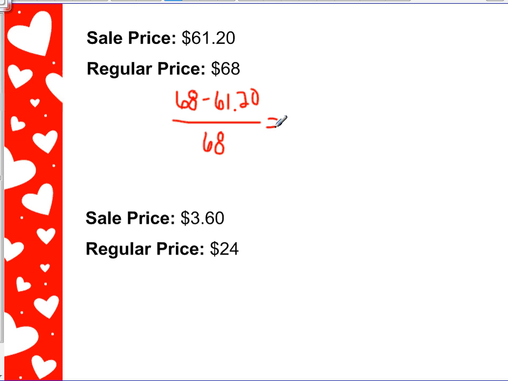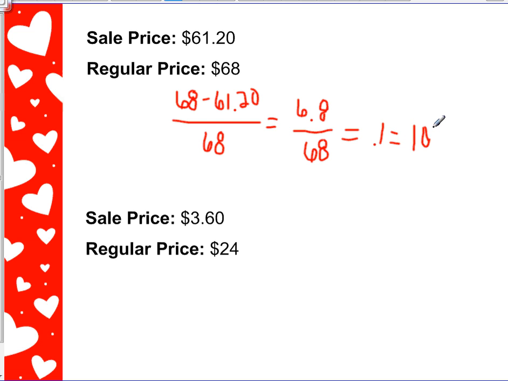All right, and that's going to equal 6.8 over 68. Divide 6.8 by 68, and you get 0.1, or 10%.